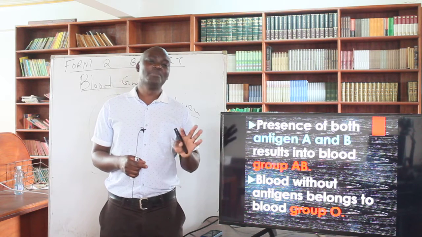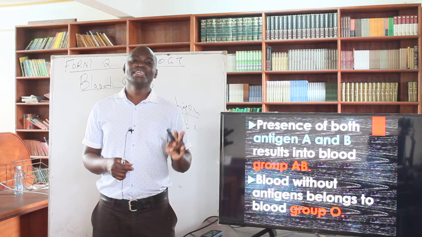So we have four blood groups, that is A, B, AB.